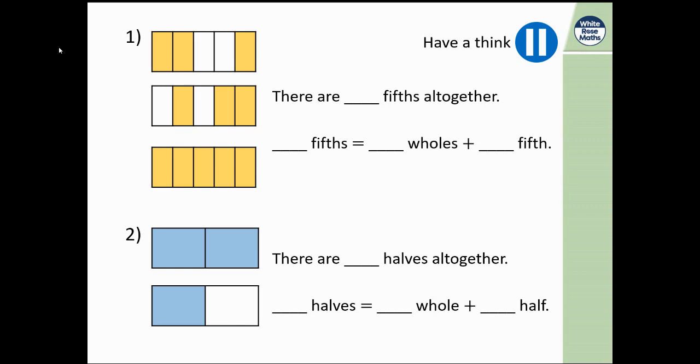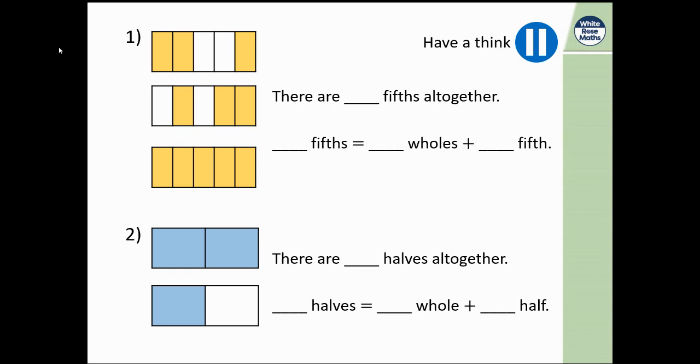And now we've got this one at the bottom, which is unusual because there's halves. Okay, and we can see there are 3 halves altogether. So 3 halves, and this is quite nice and visual, this one. It's quite simple. I think it's easier than the one above. It says there are 3 halves altogether. 3 halves equals how many wholes and how many halves? Have a little think.